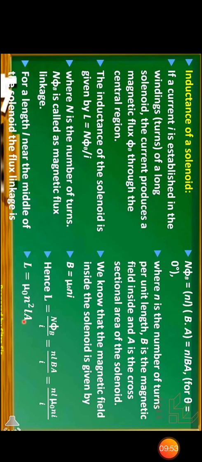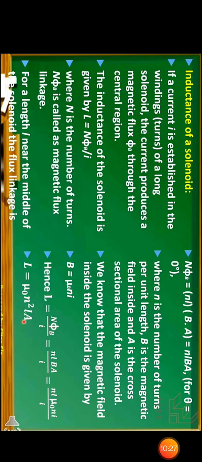For a length l near the middle of the solenoid, the flux linkage is N phi B equal to N l into vector B dot A. Therefore, we get the equation N l B A, for theta's value should be 0.